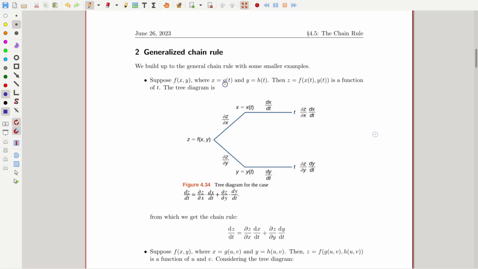The book does this kind of thing with notation, g of x and h of t, which separates things out even further than necessary, but I would just think of it as x being a function of t, and y being a function of t. That might be an easier way of expressing this, and in fact, that seems to be what the book does here, so I'm not sure why I did that there.